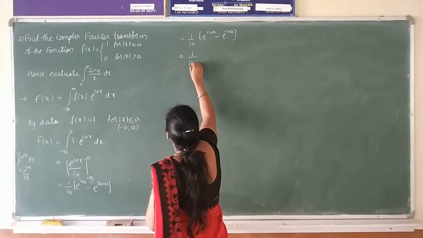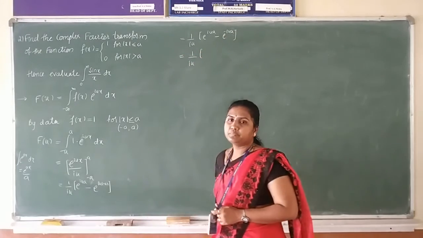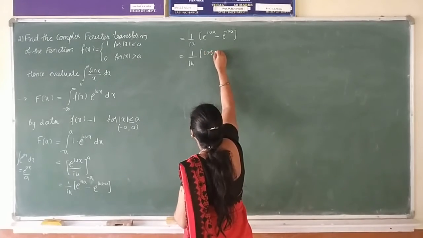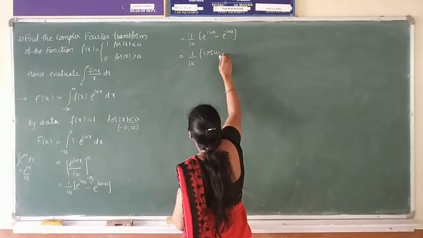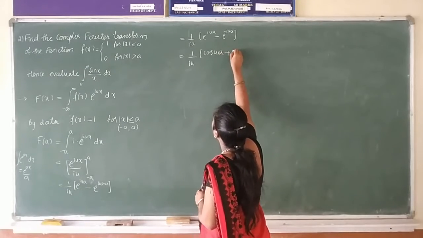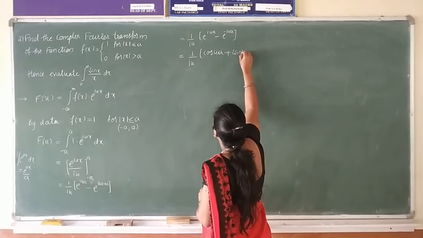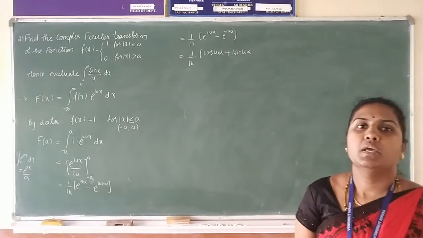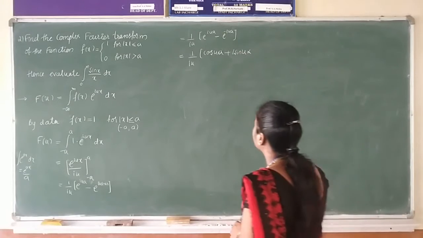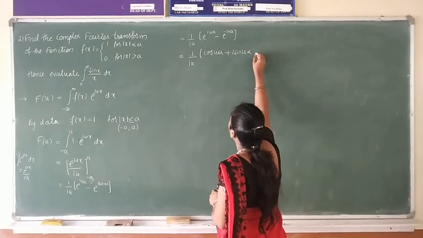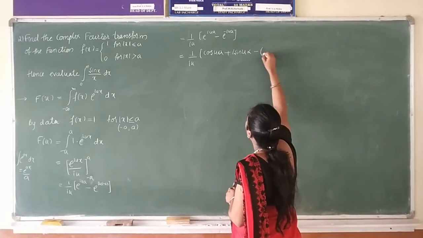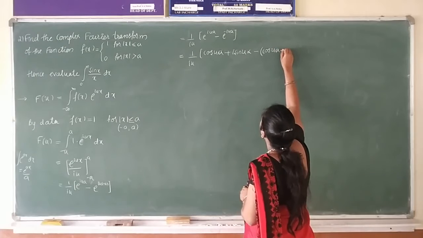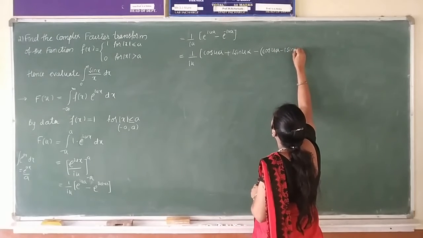1 upon iu into the bracket. Now you can see this complex number is in exponential form. Applying the definition, e to the power ix is cos x plus i sin x, like that, cos ua plus i sin ua minus cos ua minus i sin ua.